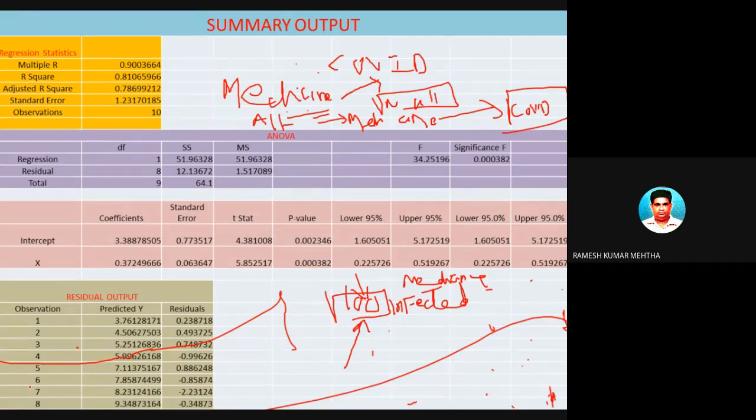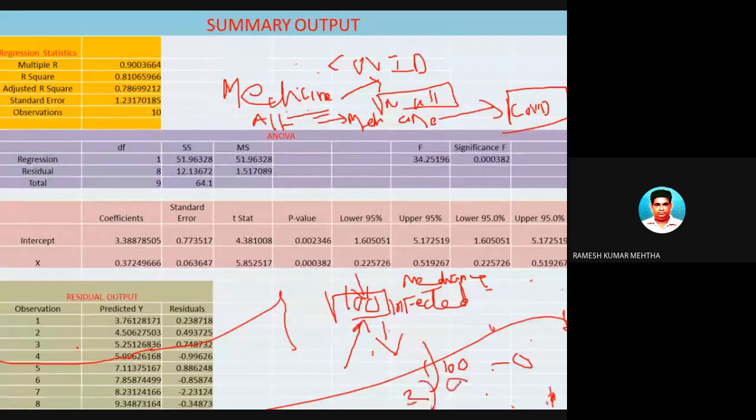So we administered it, and after 10 days, we found the results. The results are that 100 people have been cured and 0 people have died. This is one particular case example.